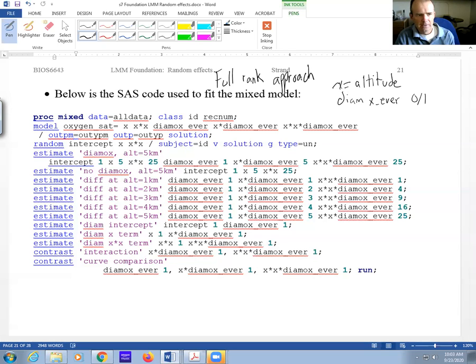I talked last time, we had the big discussion about less than full rank models and all that. I'm trying to argue that they're important, at least to understand what we are able to do, right? But in practice, if it's just one variable and it's binary, a lot of times I won't put it in the class statement. I'll just make it an indicator variable.